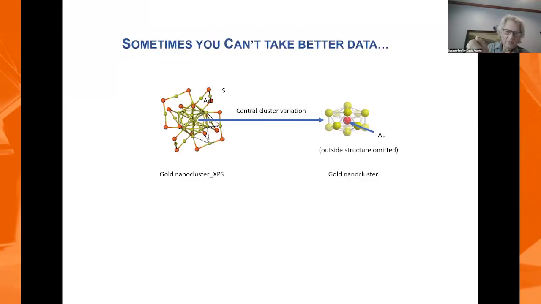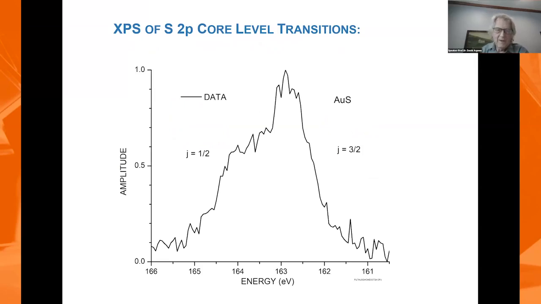We're going to look at some XPS data from gold clusters with sulfur on them scattered over an oxidized silicon surface. There aren't too many of them. And if we look at the L23 soft X-ray threshold of sulfur, this is what we get. We get a J equals 1/2 at about 164 eV binding energy, and a J equals 3/2 at 163.